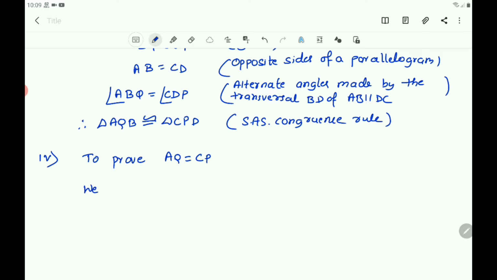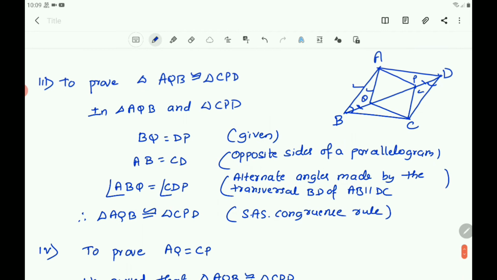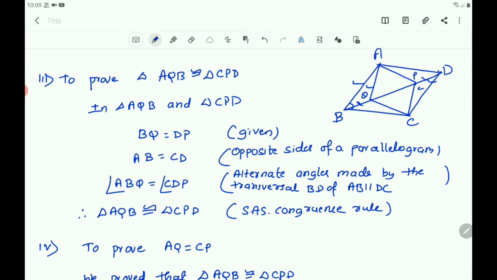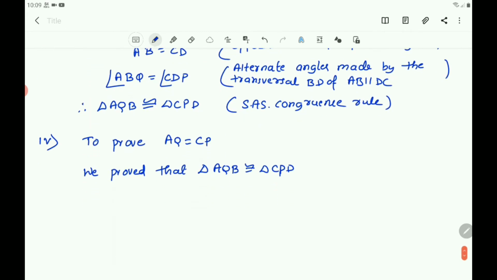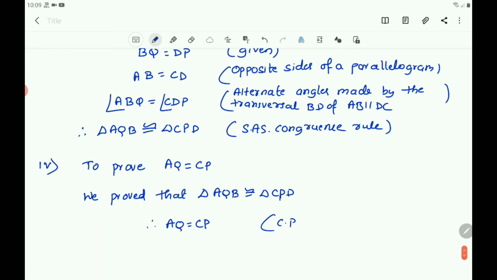So we proved that triangle AQB is congruent to triangle CPD. Therefore you can write AQ equals CP according to CPCT. They are the corresponding parts of congruent triangles. They are the corresponding sides of the congruent triangles AQB and CPD.